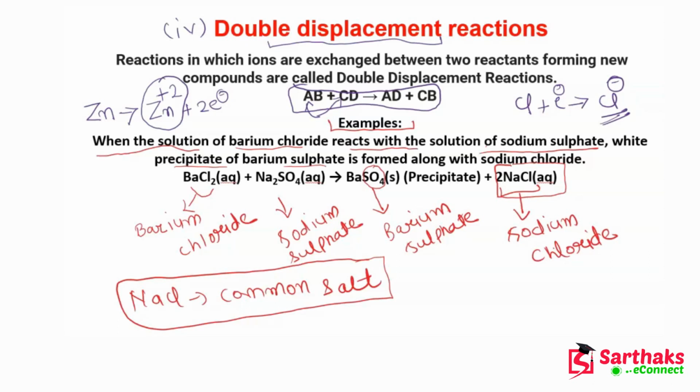So this is also an example of a precipitation reaction, which I will tell you about later. I hope this is completely understood. Now let's move ahead to the next slide.